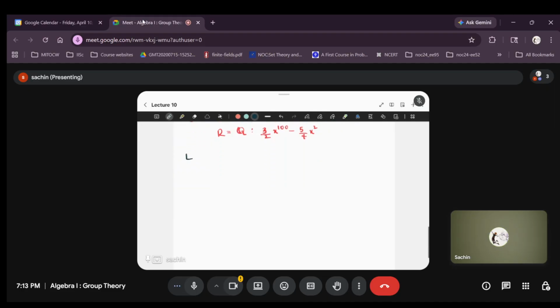Then let f of x equals a n x power n plus a n minus 1 x power n minus 1 and so on, some polynomial in x over R. We say the degree of f of x is the largest n such that a n is not the zero element in the ring.